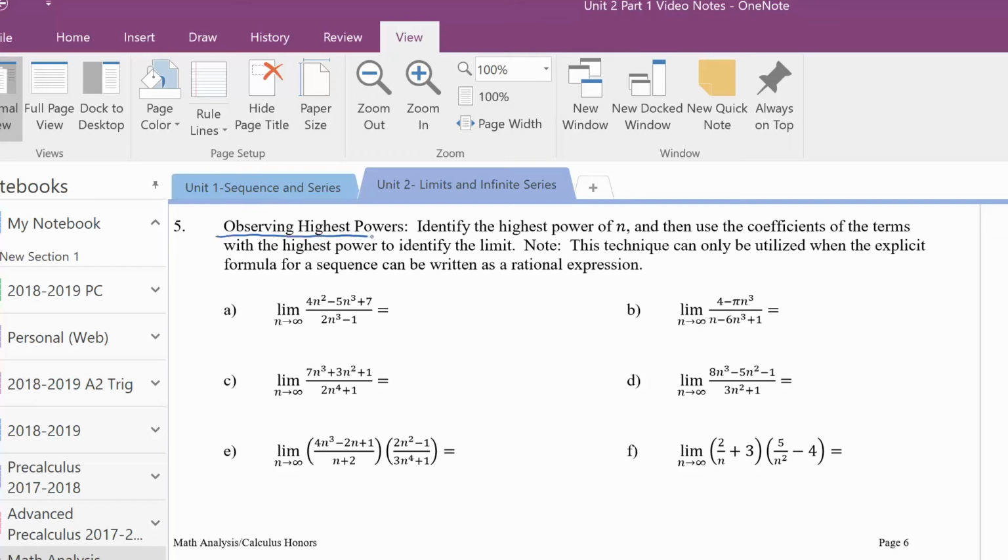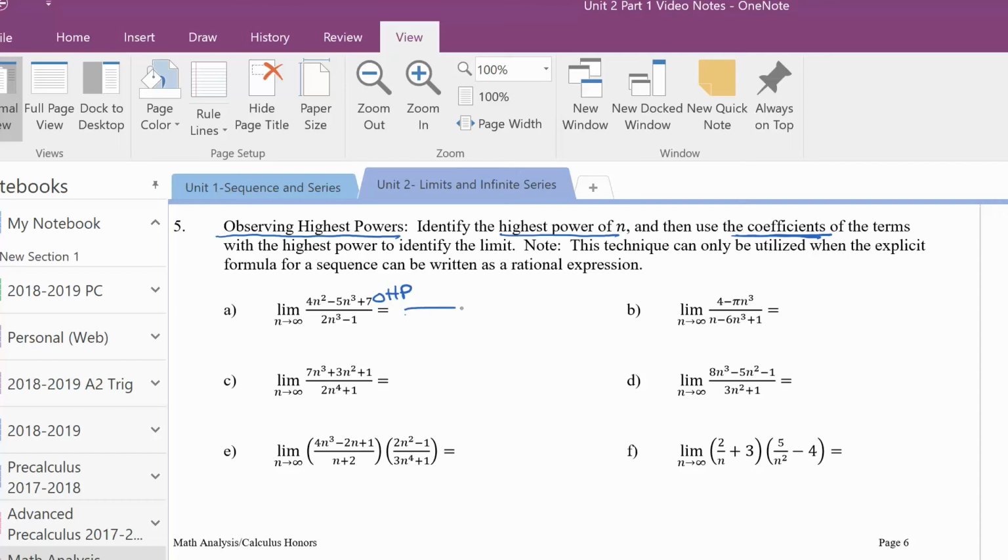So the last method that we'll talk about is observing highest powers. If we're going to do it by observing highest powers, we're going to put OHP right here, which means that we take the highest power of n, and then use the coefficients of those terms to identify the limit.